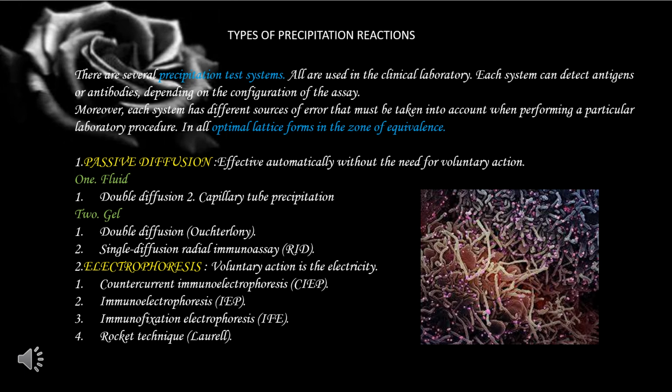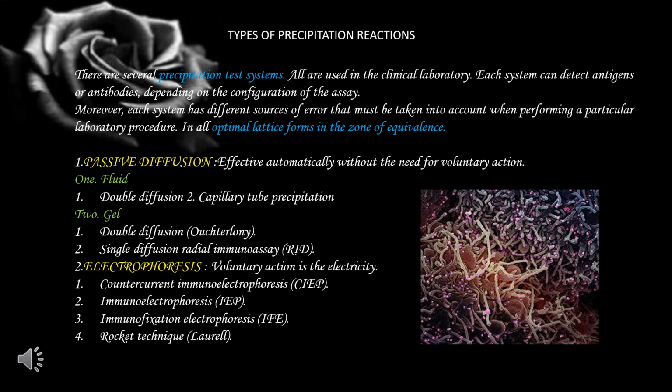Moreover, each system of precipitation reaction has different sources of error that must be taken into account, which should have a particular laboratory procedure. In all of them, the optimal lattice forms in the zone of equivalence, where the antigen and antibody are said to be equal in nature.